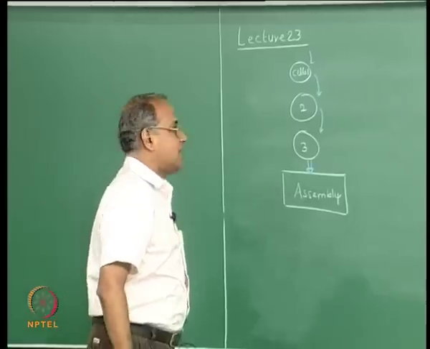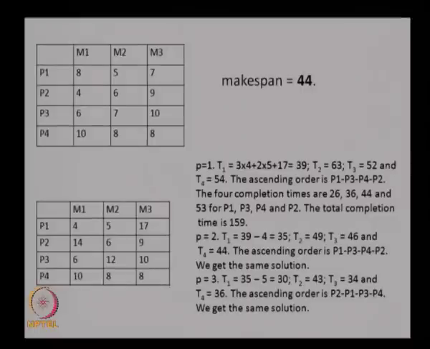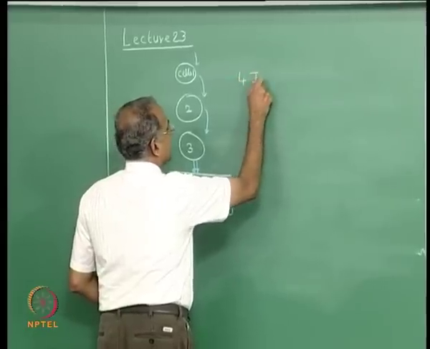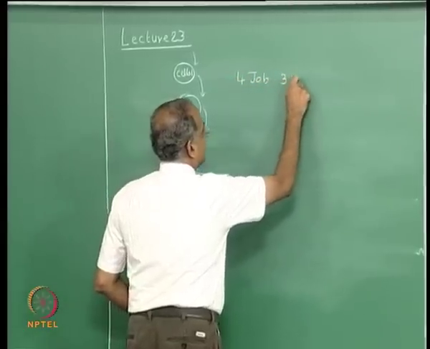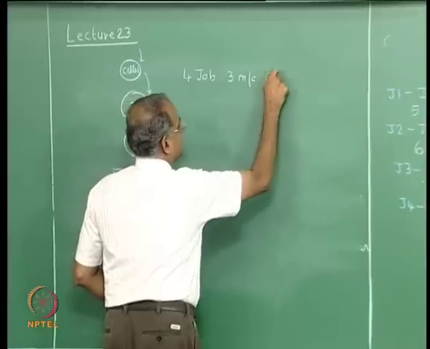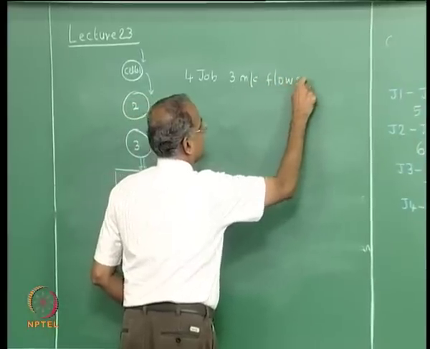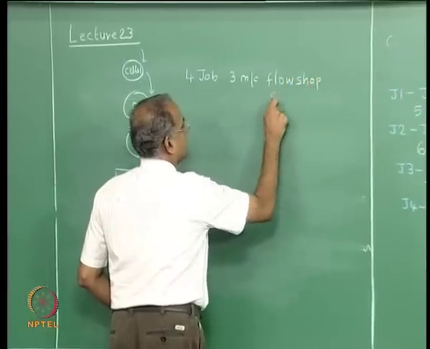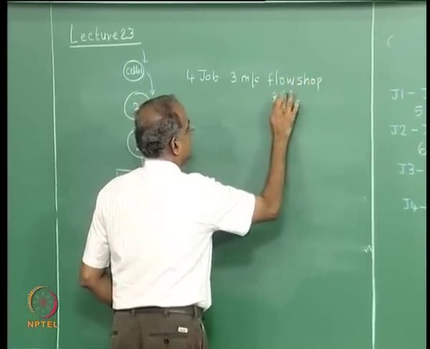Now, if we have that, then what is the order in which we will send the 4 parts P1, P2, P3, P4 such that we minimize the makespan. Now, this becomes a standard 4 job 3 machine flow shop scheduling or sequencing problem.